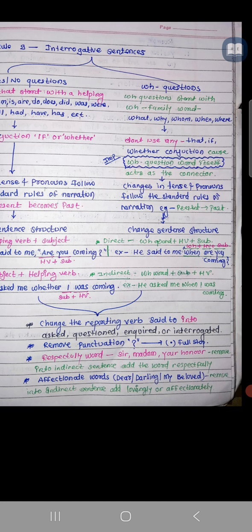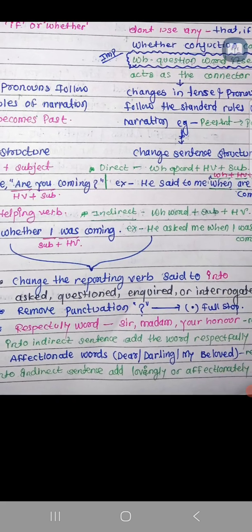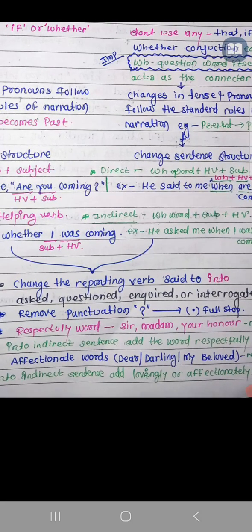Next, the affectionate word. For example, whenever you speak with your mother, father, your lover, your wife and your friends, and there are words like dear, darling, my beloved, remove those words and show lovingly or affectionately.